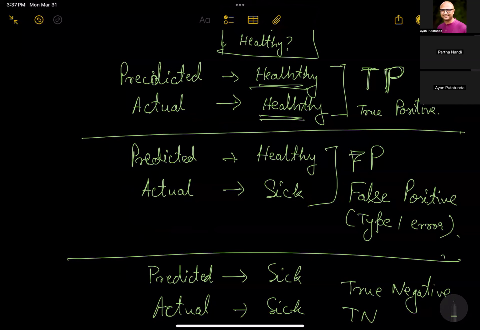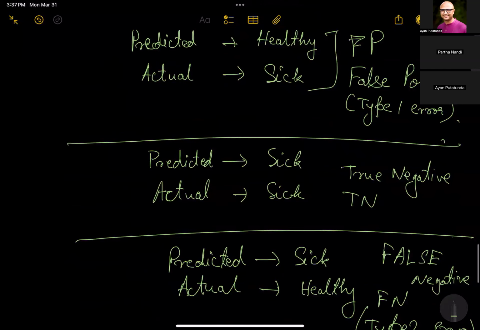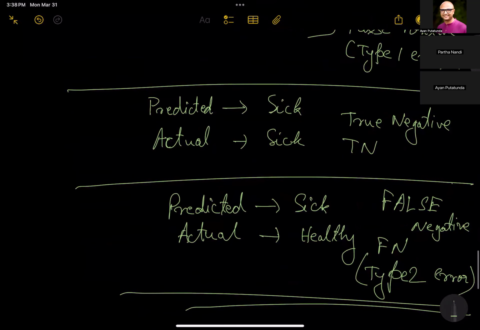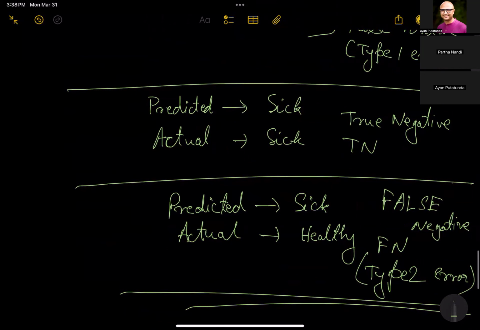So that is false positive. The opposite is positive. Similarly, actually I'm sick and predicted I'm sick, which is true negative. Now you will understand: true negative, because being healthy is positive, and sick is negative. Truly negative.